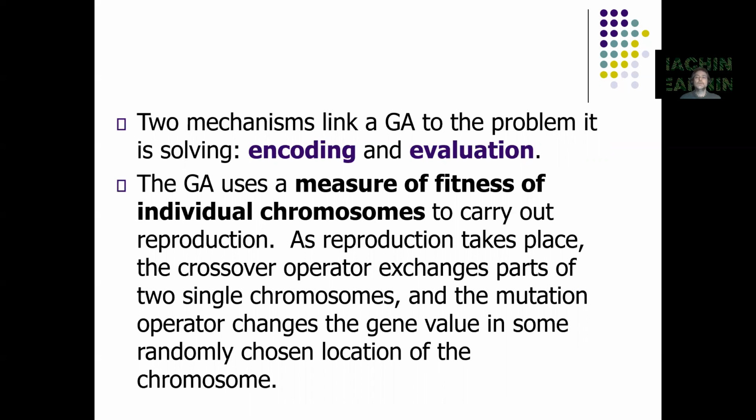Reproduction takes place using operators like crossover, where members of the population exchange parts of their chromosomes, and mutation, an operator that changes the value of a particular gene, usually chosen randomly from the chromosome. These are important operators which affect the performance of the members of the population.